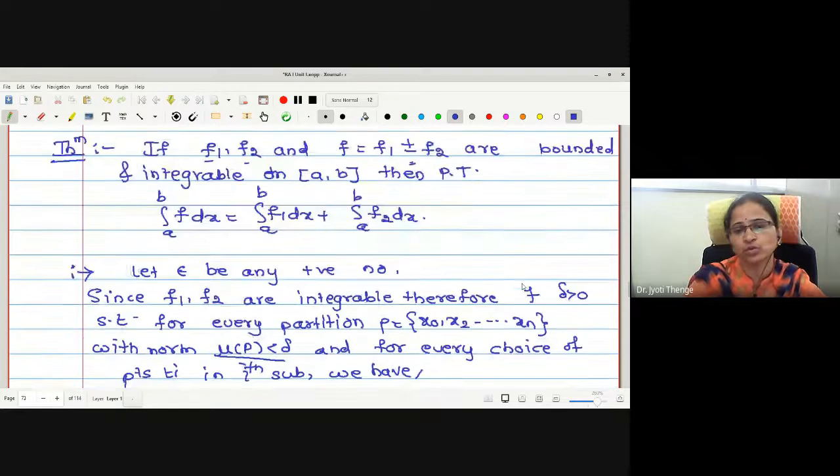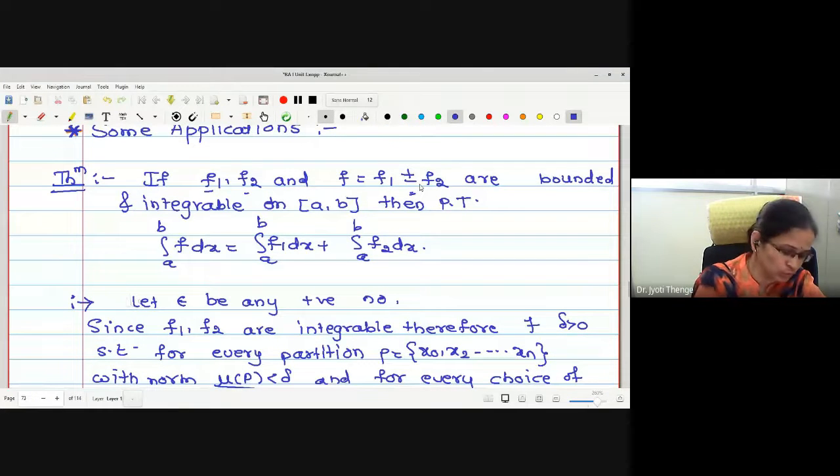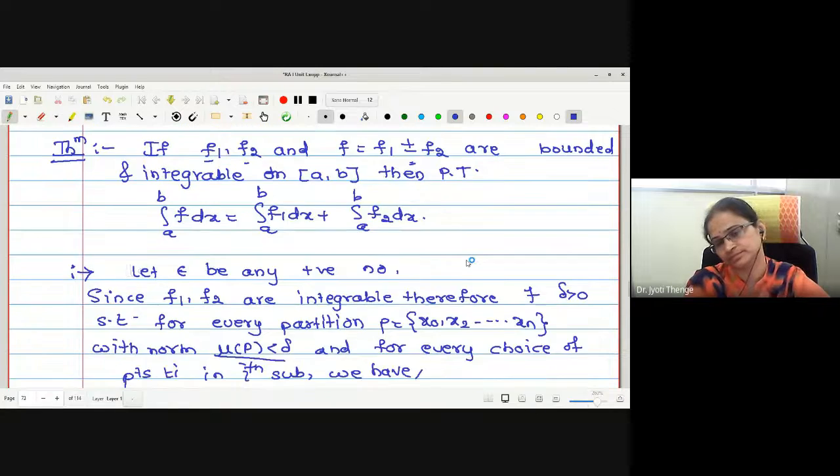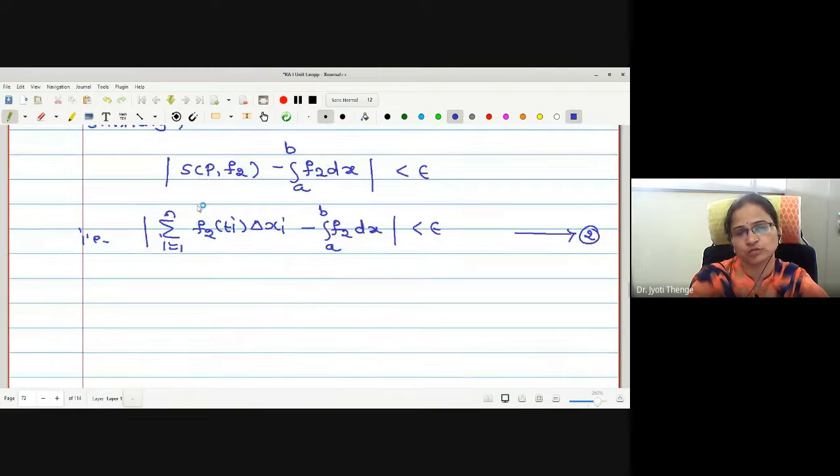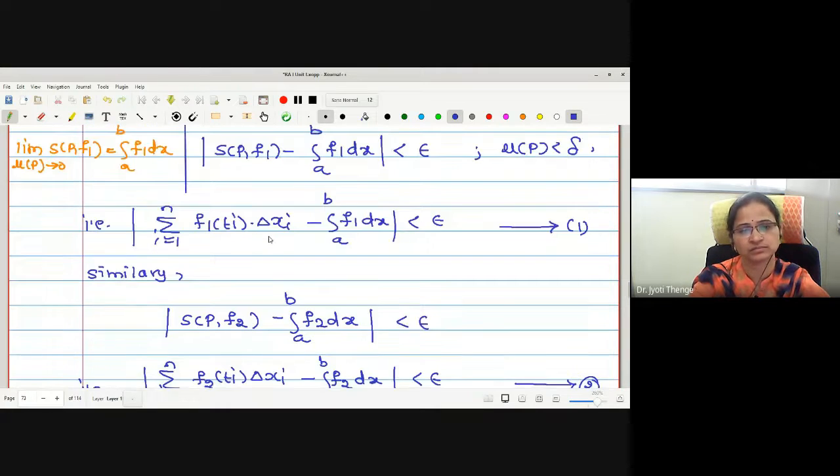Now, if I wanted to construct f1 plus f2, what will be the corresponding sum, S(P, f)? Is it f1 plus f2 operated on ti into delta xi? Correct?